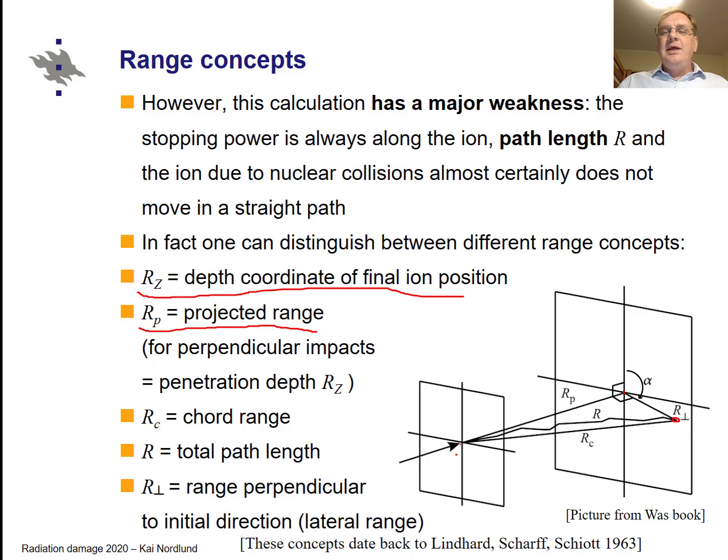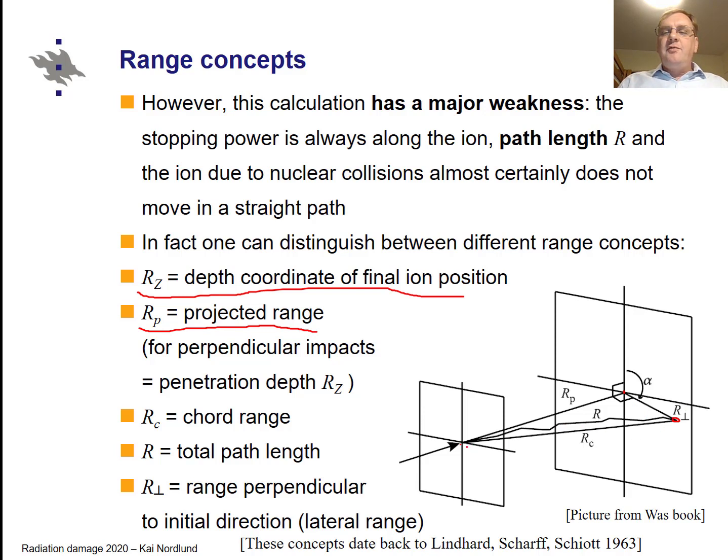And if we have perpendicular impact, then of course Rz and Rp are equal to each other. Then the projected range and the depth of the ion is the same. But if the ion comes in at an inclined angle, then of course this is no longer true, because the projected direction and the depth are no longer the same.